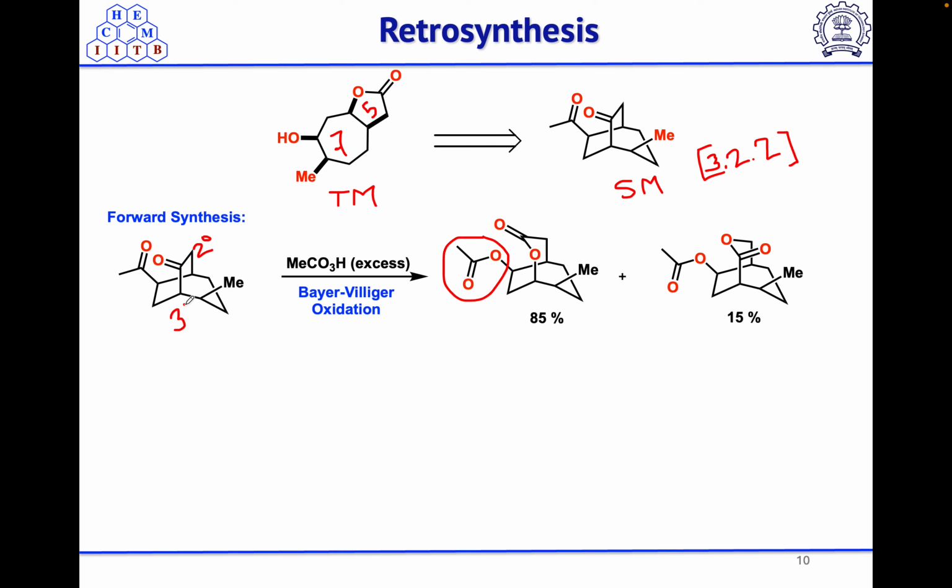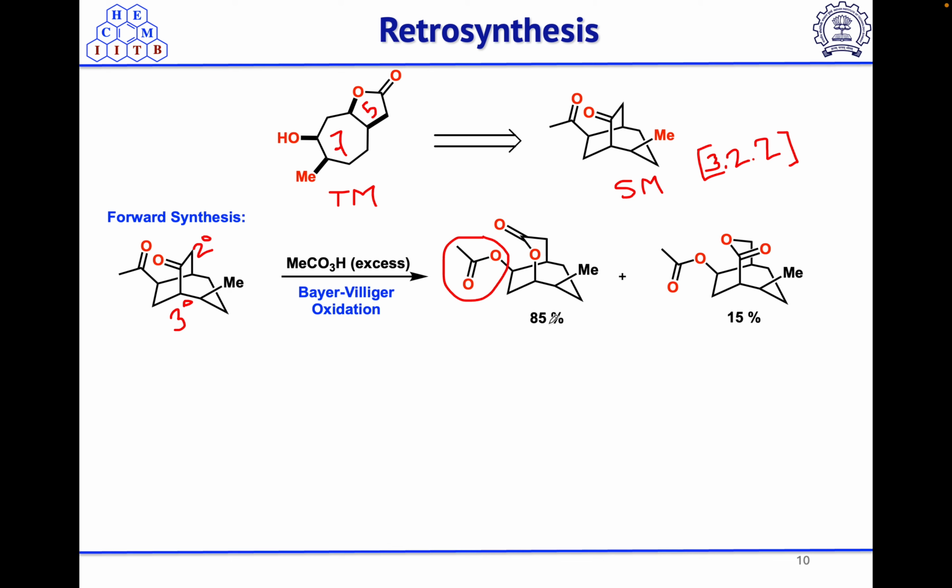So the migratory aptitude of this tertiary carbon is more than this secondary carbon. If this tertiary carbon migrates, you will get this lactone, right? Whereas the Baeyer-Villiger oxidation along with this secondary carbon migration will give this lactone, right?